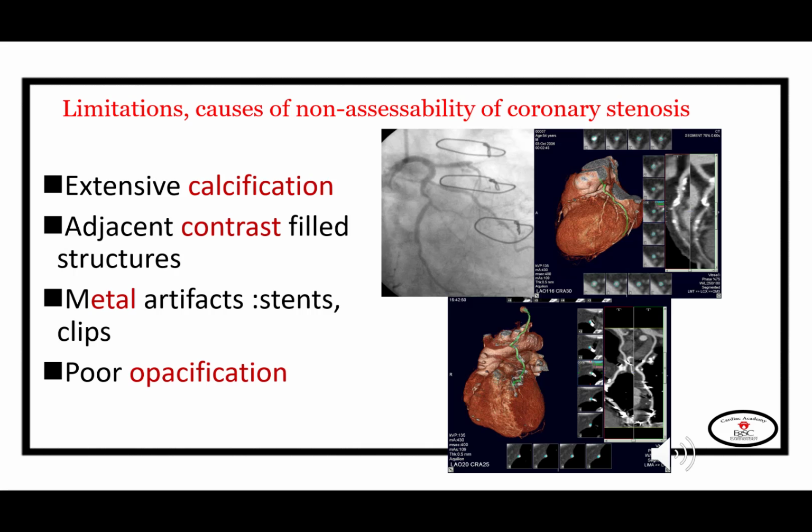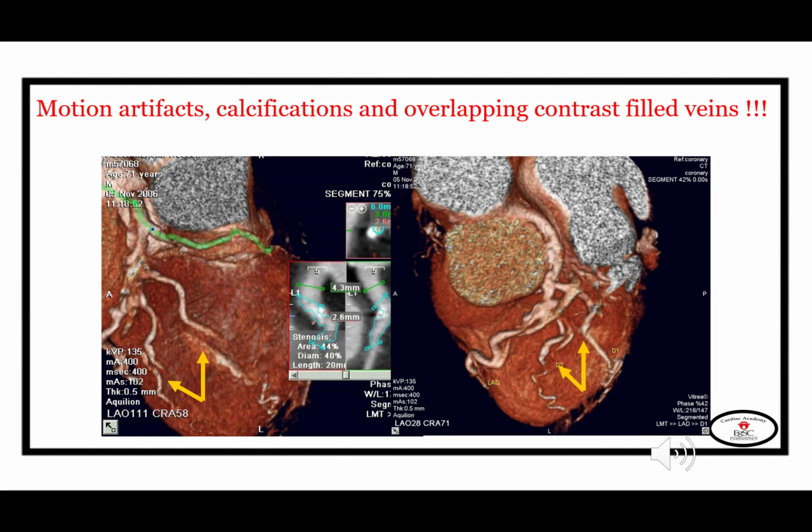The presence of what we call the blooming or the beam hardening artifacts are caused by high attenuation structures like the presence of extensive calcification, adjacent contrast filled structures, and presence of metallic artifacts generated from the metal of the stents or surgical clips, and finally poor opacification of the coronary arteries because of the poor timing of the contrast material. Sometimes different limitations coexist in the single imaging, rendering these images uninterpretable.